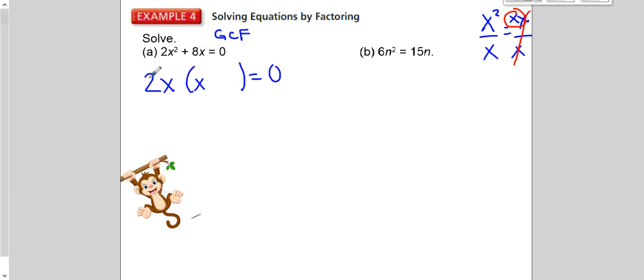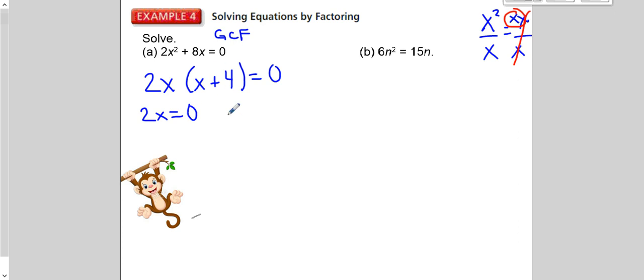And 8x divided by 2x. The x's cancel out. 8 divided by 2 is 4. Remember, our factored form has to be equal to the original. Okay, we're good there. Now that it's factored, use your zero product property.